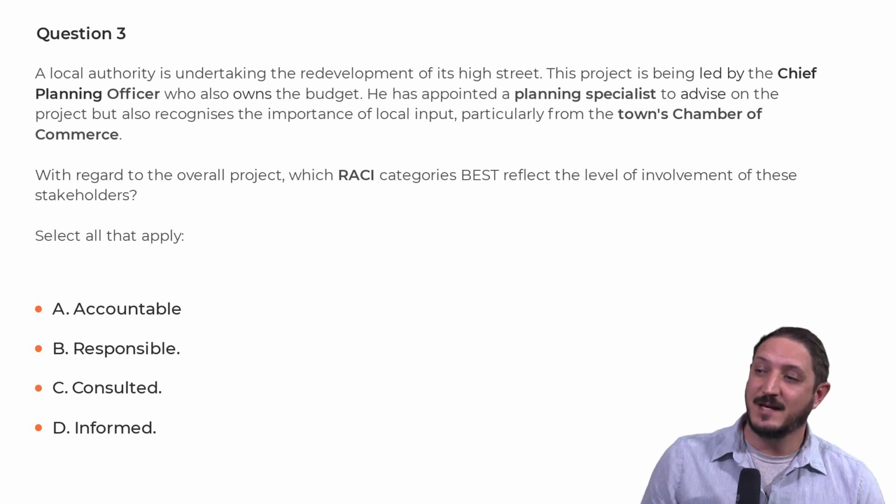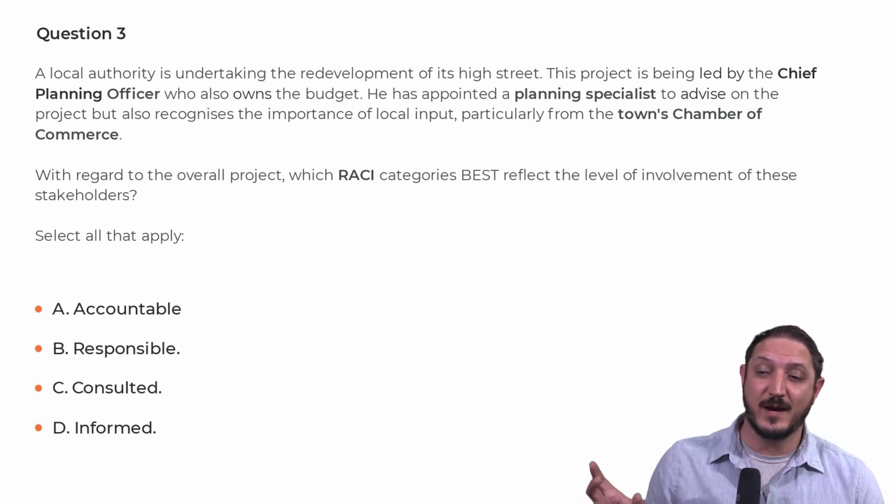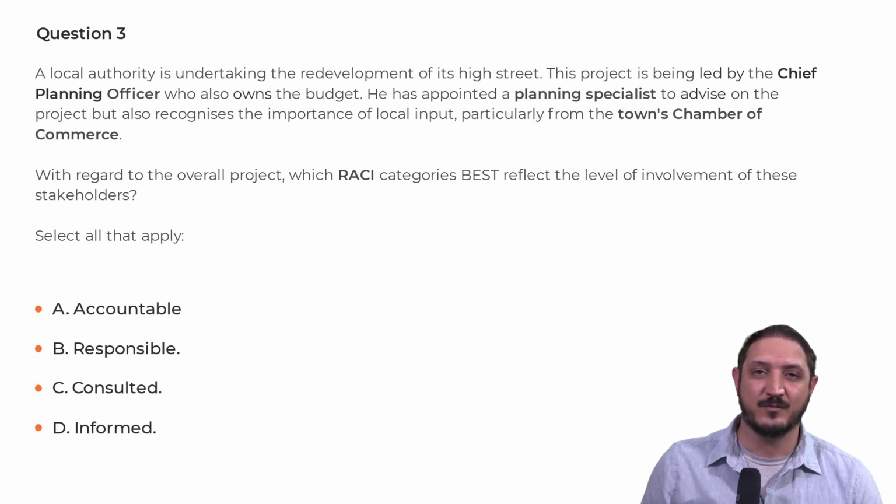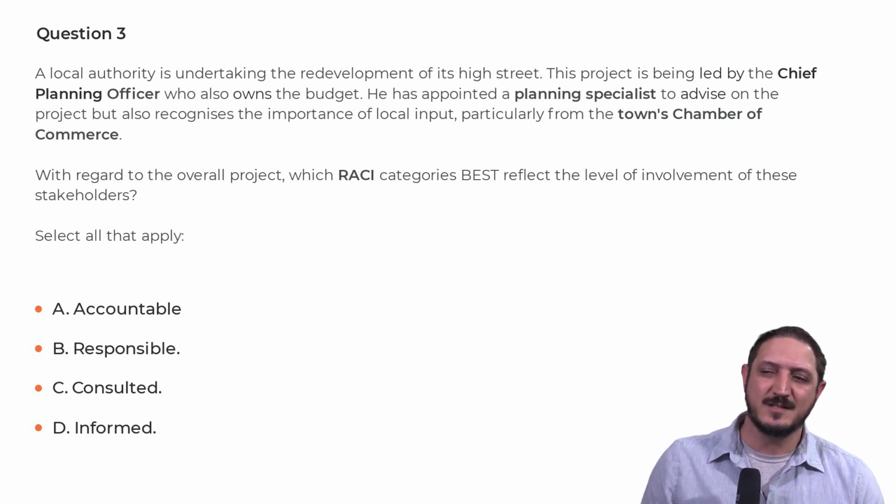So we can see here that it says that the Chief Planning Officer owns the budget and is leading the project. It also says that there's a planning specialist that is to advise on the project. And also there's recognition of local input from the town's Chamber of Commerce. So we can almost see here that there's 2 or 3 stakeholders that are being mentioned.